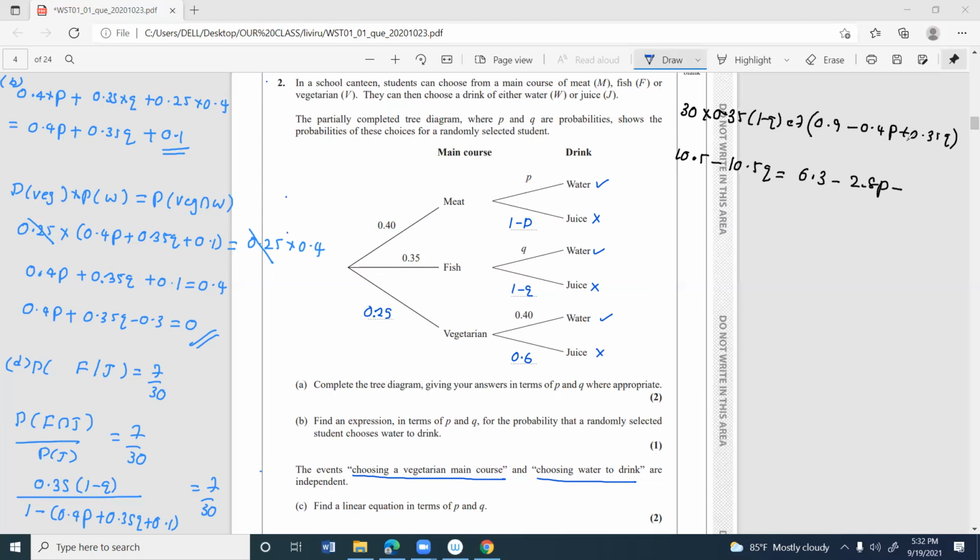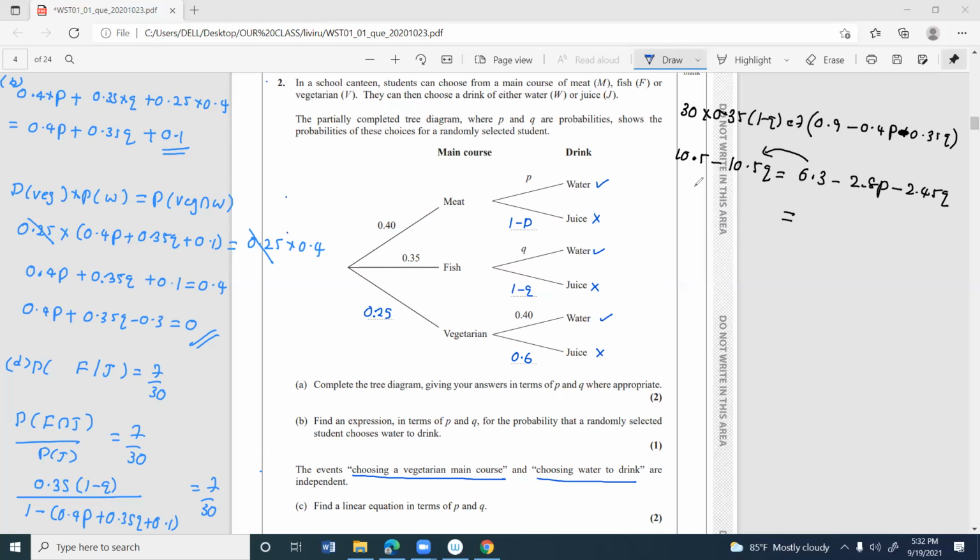This one also has a minus, so this is minus 2.45q. If you bring all the terms to one side, I can bring the 6.3 to this side.